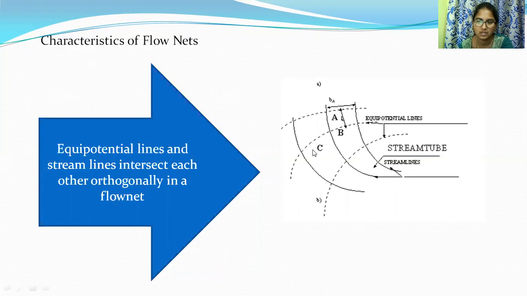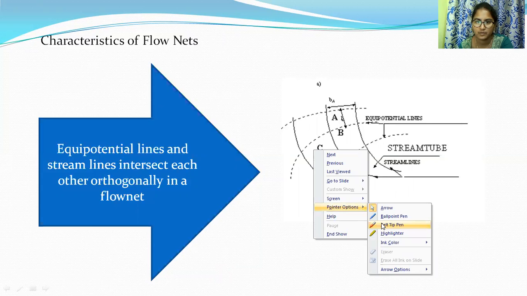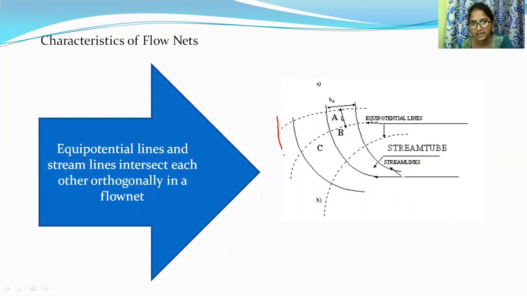The dotted lines are equipotential lines, and the space between two flow lines is a flow channel.